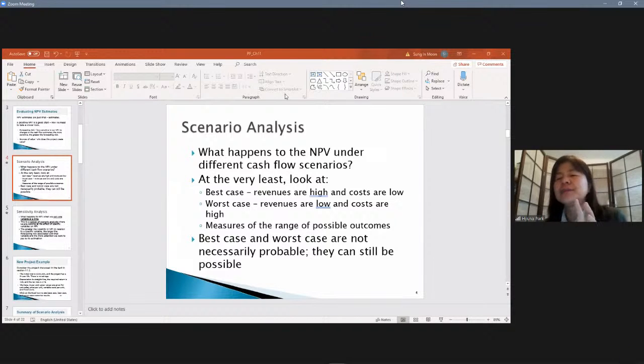That kind of skill we are learning now: the key skills that corporations use to manage uncertainties. One tool explained in this slide is scenario analysis.